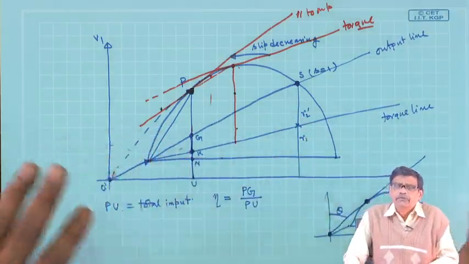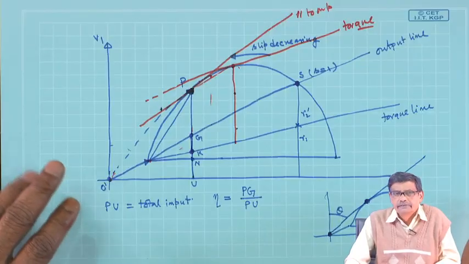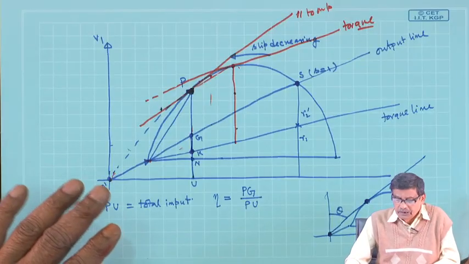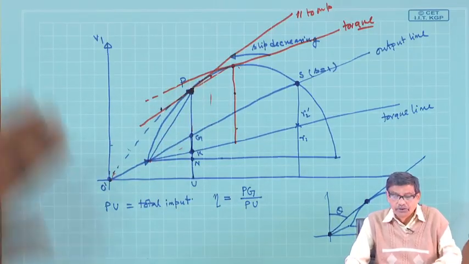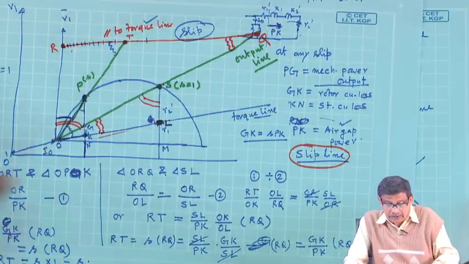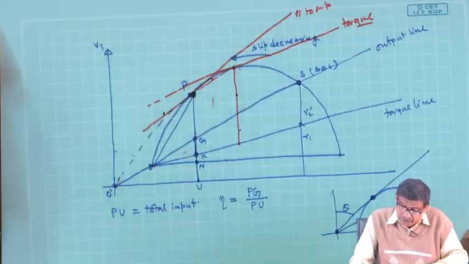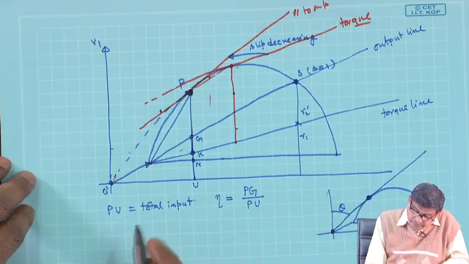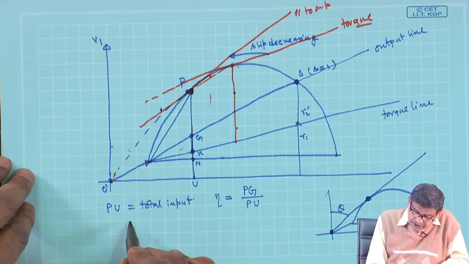You do not have to find out the parameters exclusively to draw the circle diagram, although it looks like, unless I know the parameters, how can I draw. But we will see now, by doing two tests.